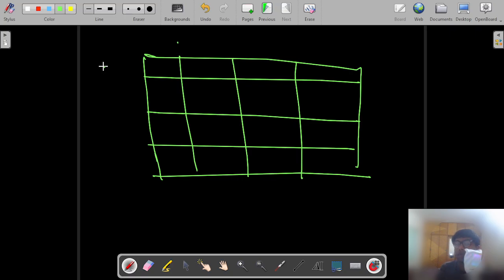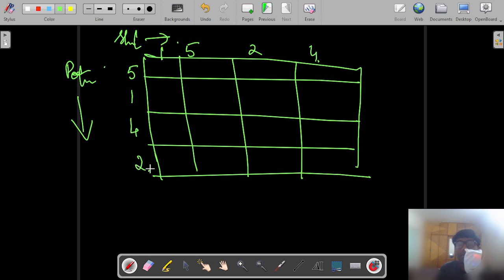So this will be potions. So the problem was 1 5 2 4, right? And potions were 5 1 4 with their mana values, right?